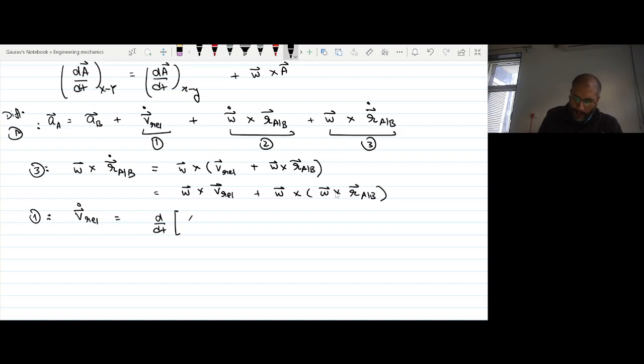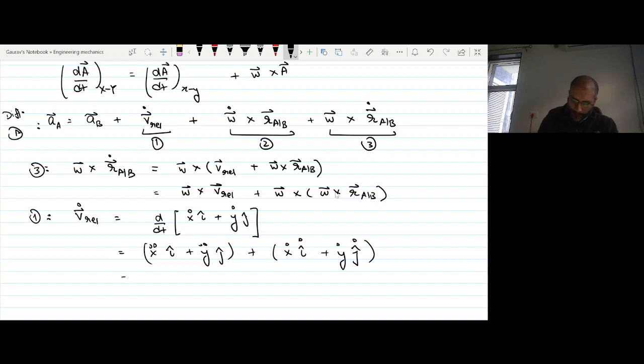V rel was the velocity that was measured in the rotating axis. So this contained the derivatives of the x and y, the positions in the rotating axis. If we differentiate that with respect to time, again we get terms which are second derivatives of x and y, plus we also have terms which are because of the derivatives of the rotating vectors.